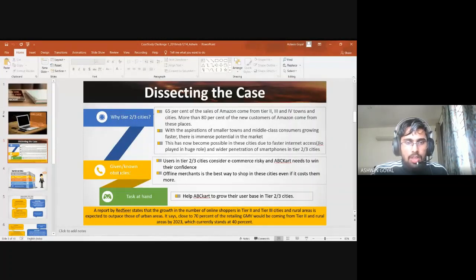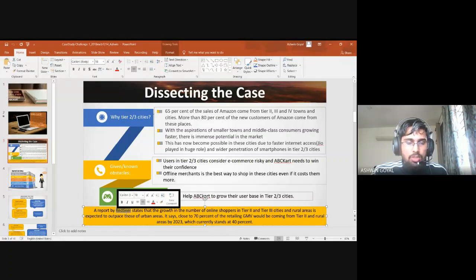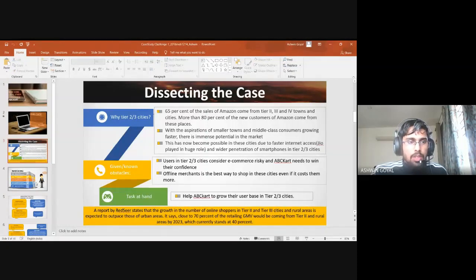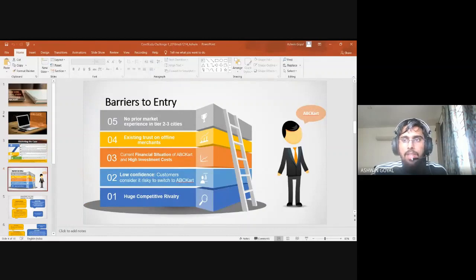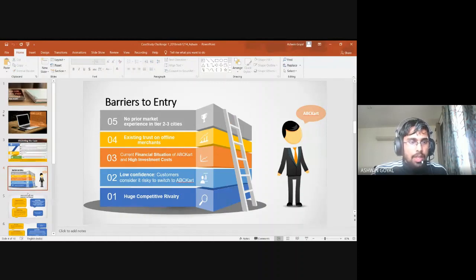Then I tried to understand what the obstacles are and what the task at hand is. And here I've just stated a report by Red Seer Consulting. This is part of a report that was prepared by a consulting firm. Then I understood what the barriers to entry are. Why is ABCkart not able to enter this particular market, that is tier 2 and tier 3 cities? So these are the barriers to entry.